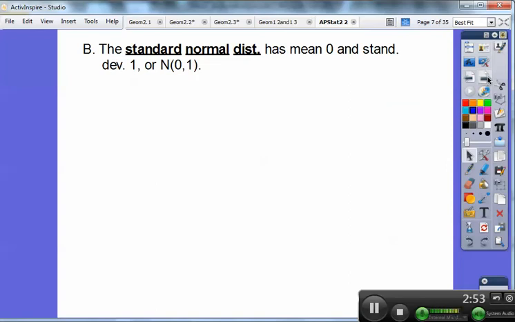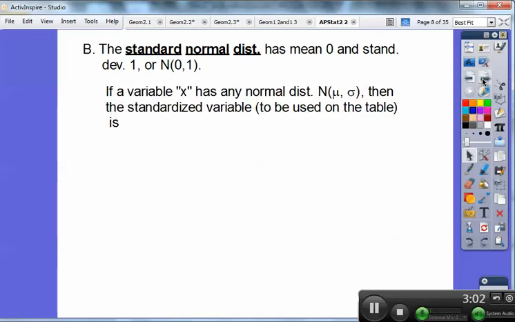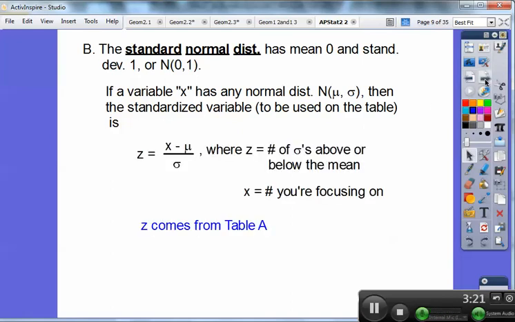The standard normal distribution has mean 0 and standard deviation of 1. So we say normal with mean 0, standard deviation of 1. If a variable x has any normal distribution with mean mu, like the girls who were 64.5 inches tall with a standard deviation of 2.5, then the standardized table in the front of the book can be used. Since it is a z-score table, it standardizes everything.